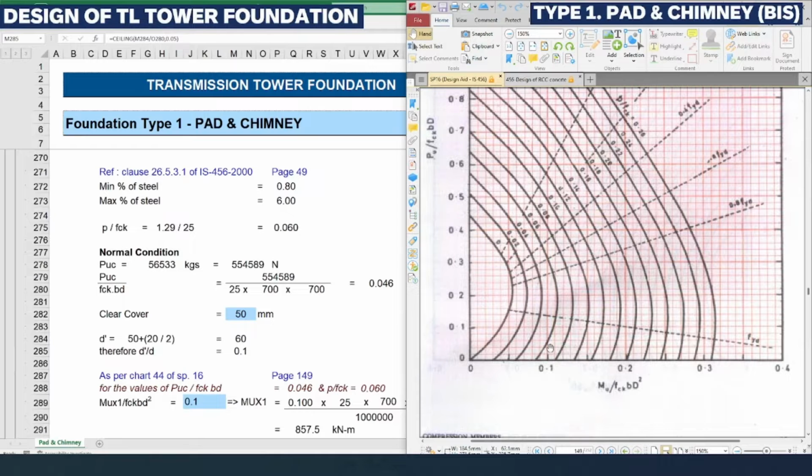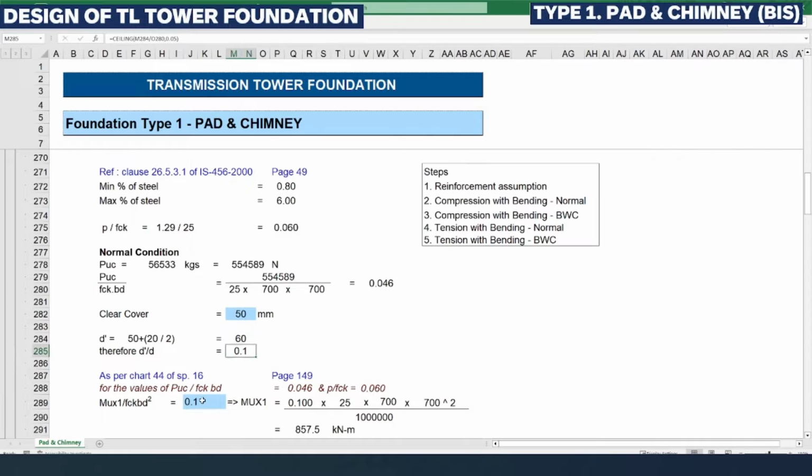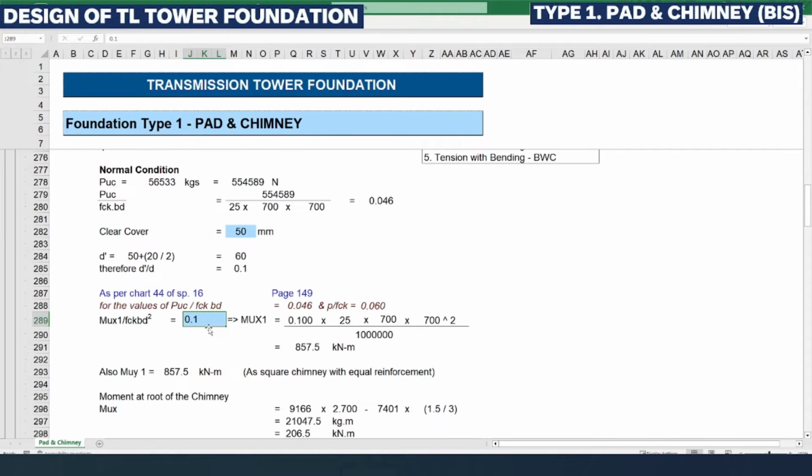So if you draw a straight line for 0.046 and 0.06, it will come to 0.1. So Mu divided by fck bD square, we can consider 0.1. So this is what is considered here.